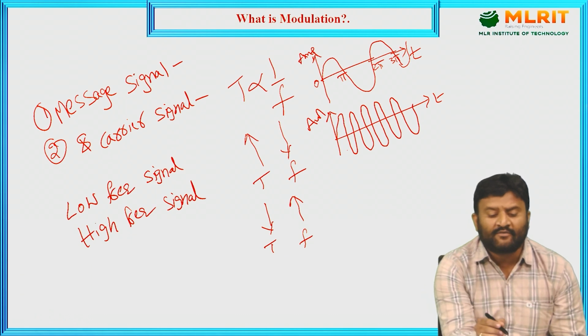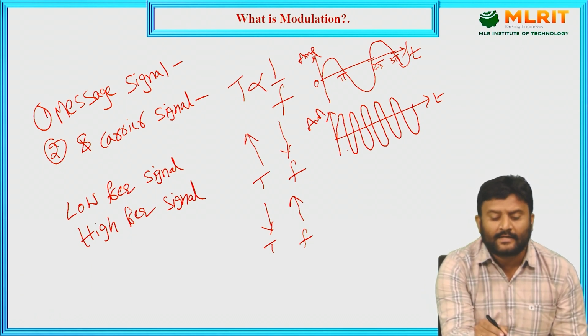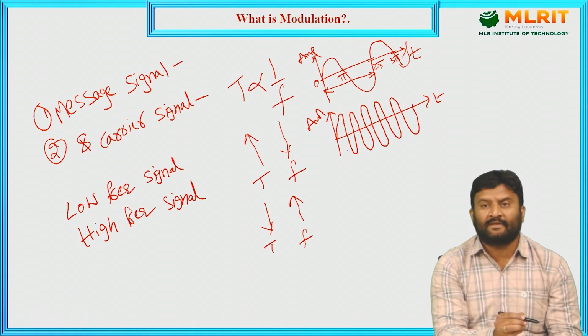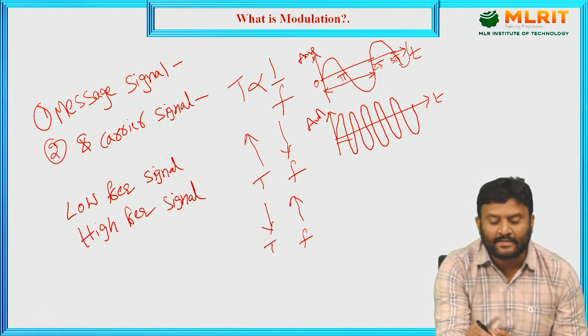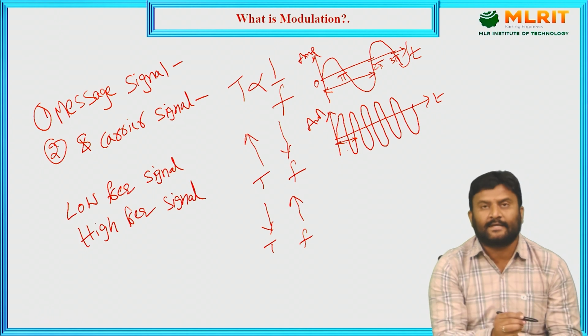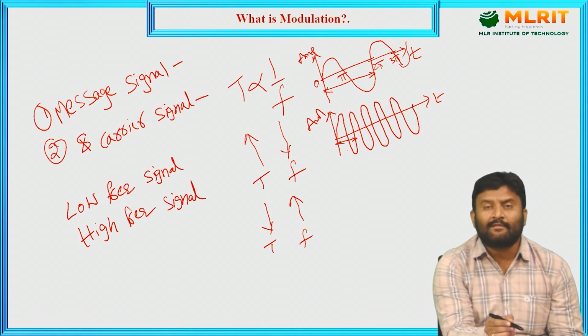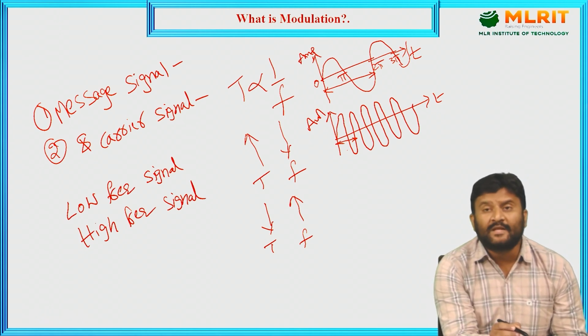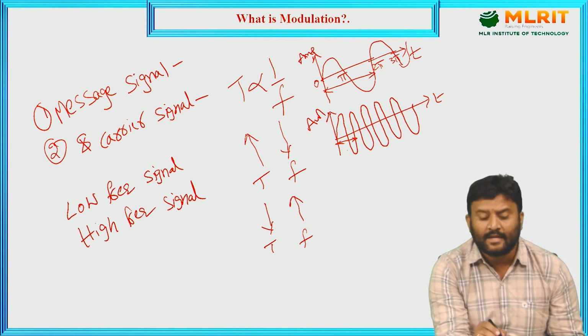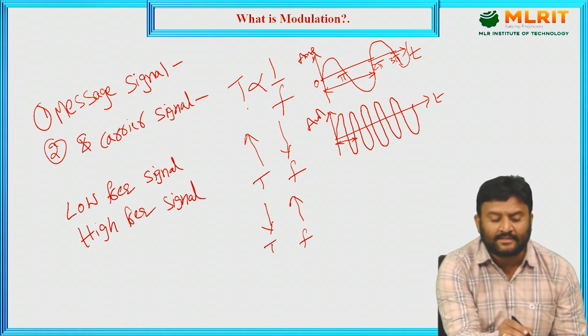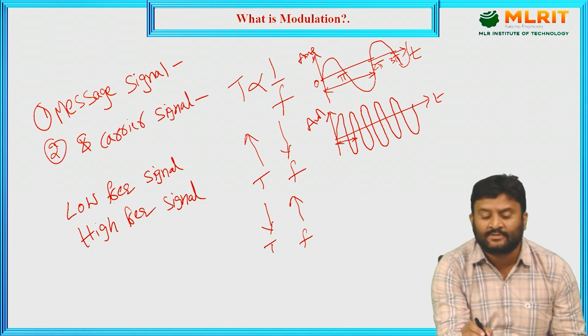Observe here, in the first waveform the time period between the cycles is more, and here the time period between the cycles is very less. You know the logic: the time period is inversely proportional to the frequency. The time period is less, so automatically the frequency is more.